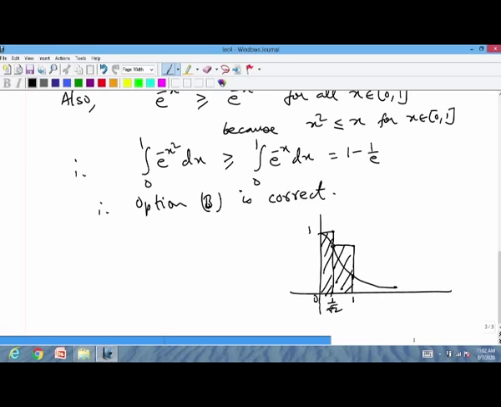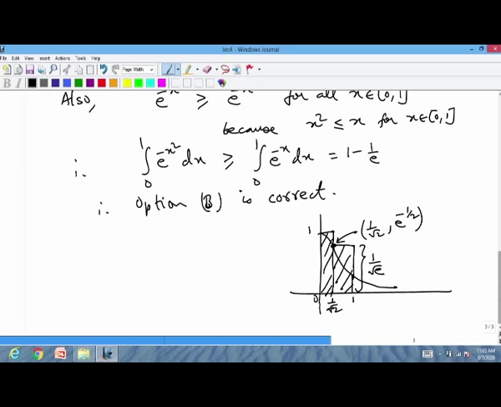So, the value at 1 by root 2 will be 1 by root 2 comma y is e to the minus x square. So, that will be e to the minus half. So, this height is equal to 1 by square root of e.